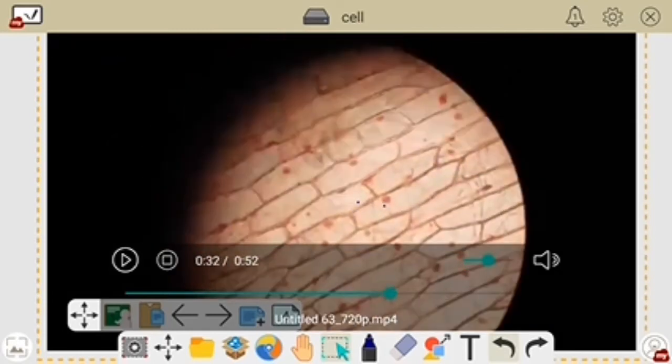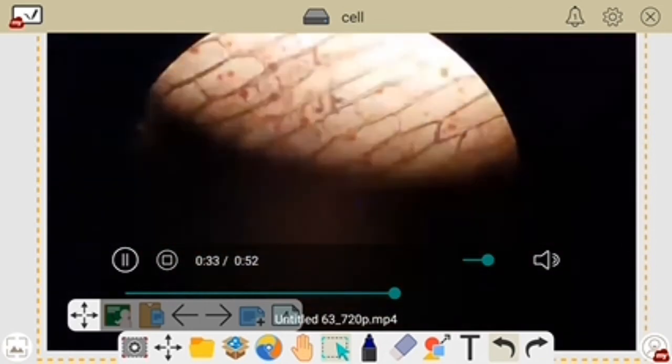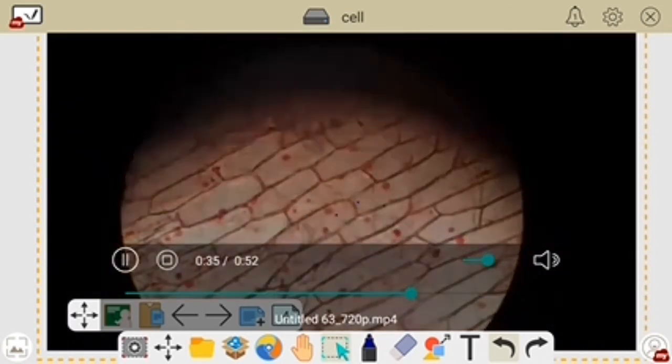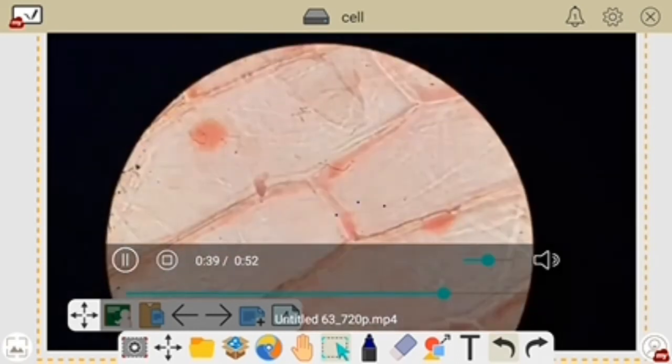Now as you can see, this looks like the cell of an onion peel. Let's see a closer view. In this way you can understand the cell structure.